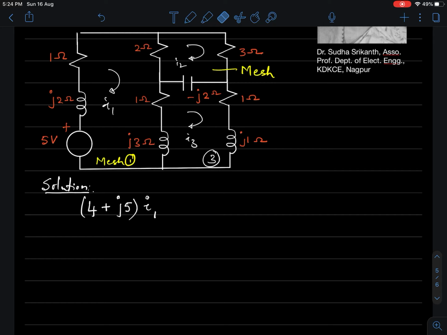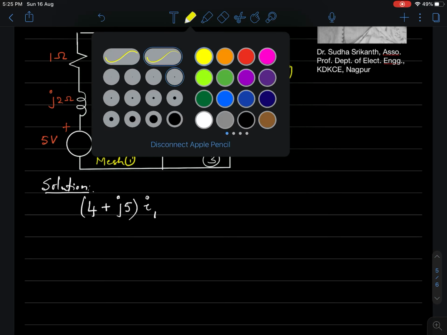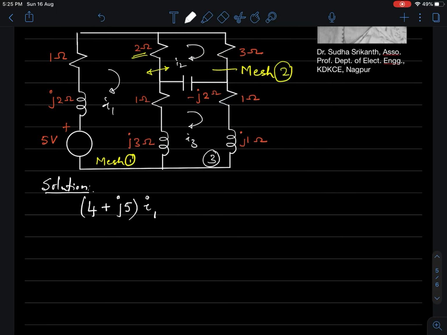What is common between mesh 1 and mesh 2 is something that we need to identify. Obviously this 2 ohm is common between these two meshes. So we take that element with a negative sign, minus, the impedance, that is 2, only the resistance in this case, 2 into I2.